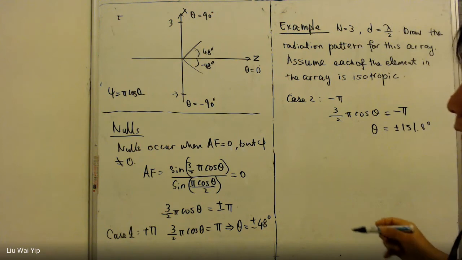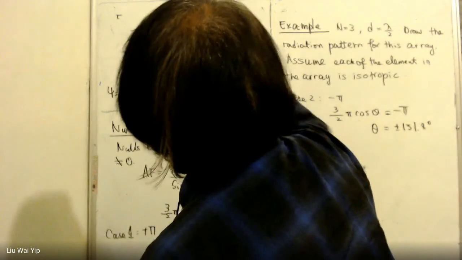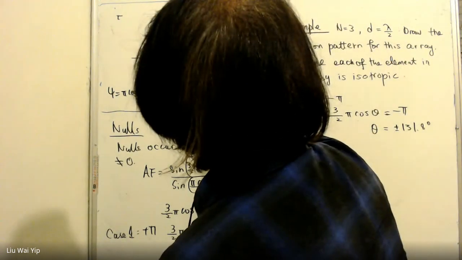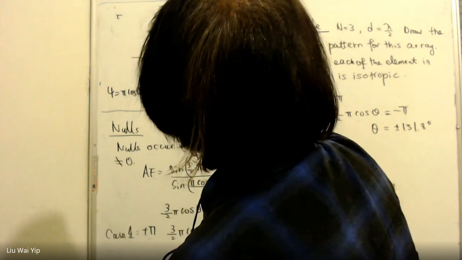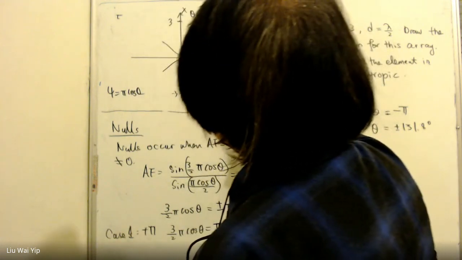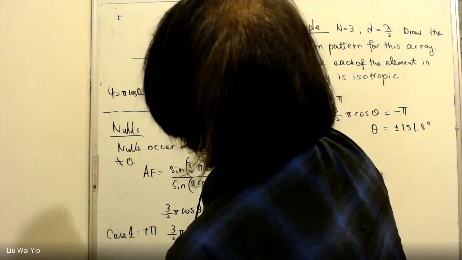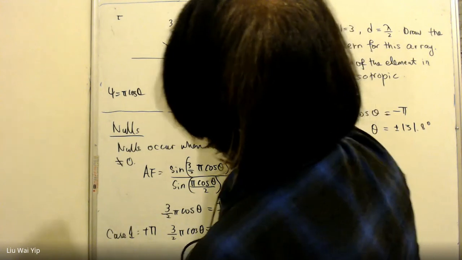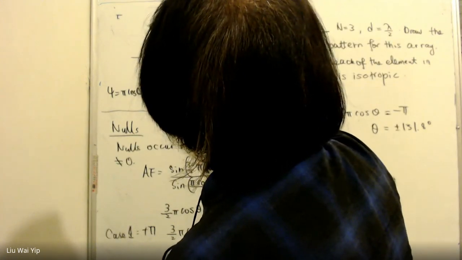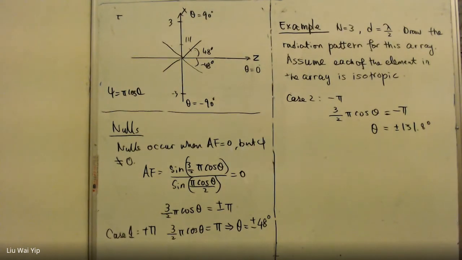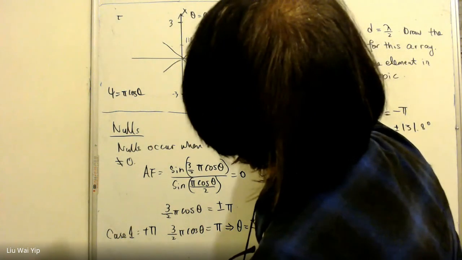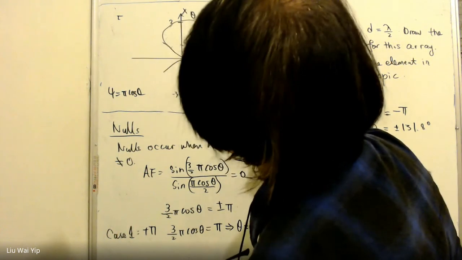And in this case, it will be here. 1v1, it should be here, something like this, right? So eventually, you will end up with a radiation pattern for the main lobe. If my understanding is correct, your radiation pattern should be like this.